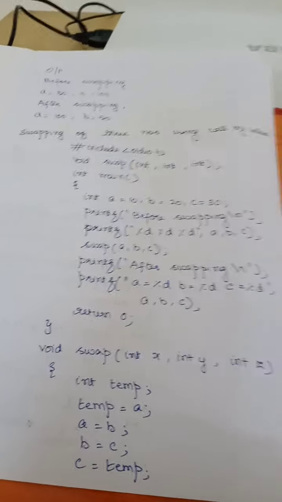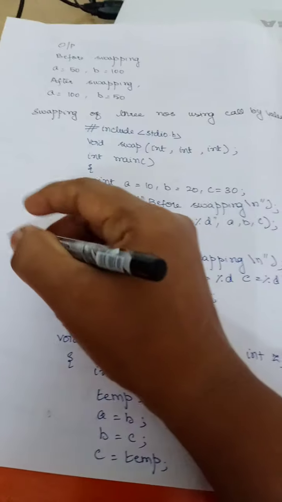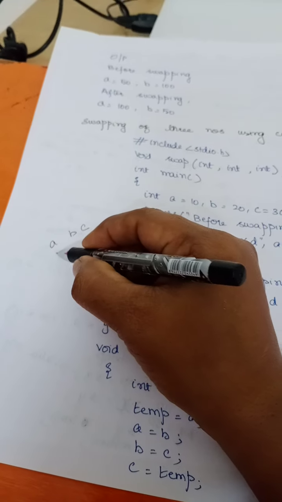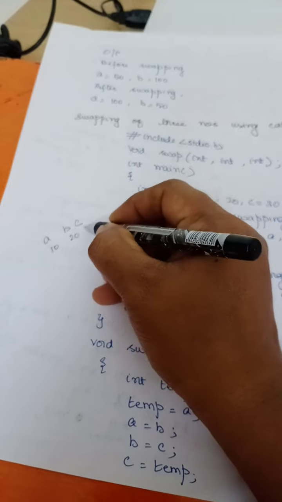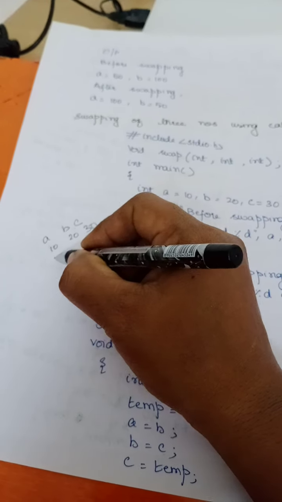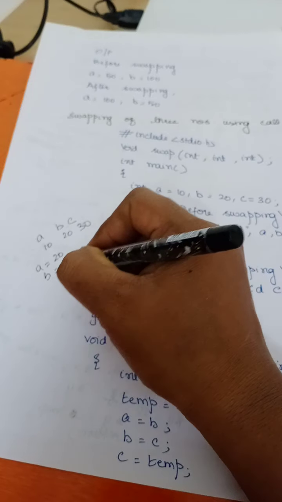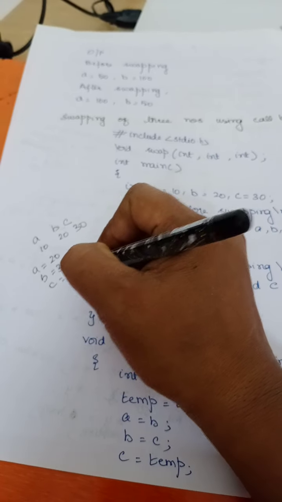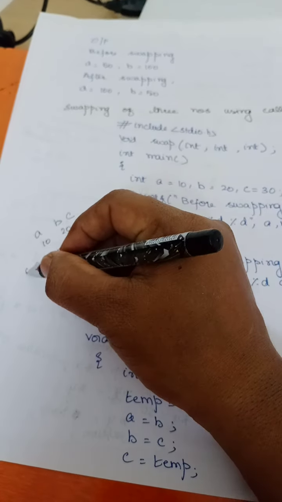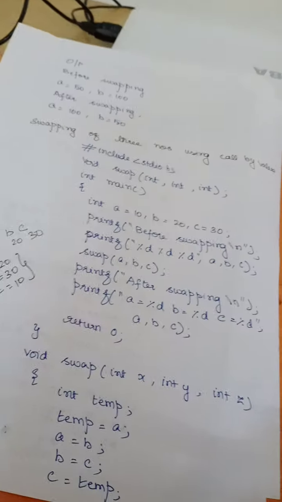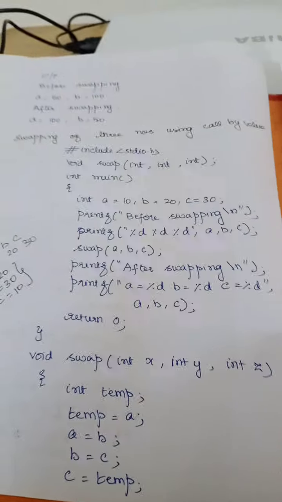Suppose I have A, B, C, where A is 10, B is 20, C is 30. I am going to have A equal to 20, B equal to 30 and C equal to 10. In this way I am going to swap the values of three variables. So this is the concept I have used.